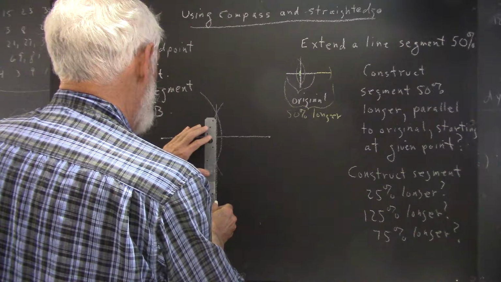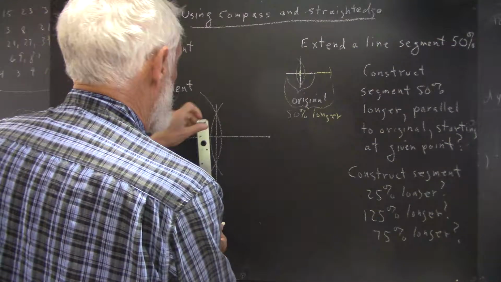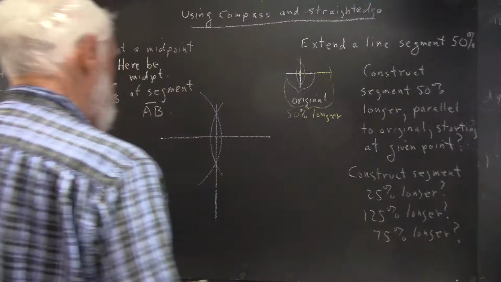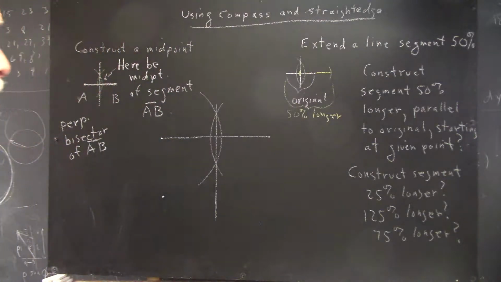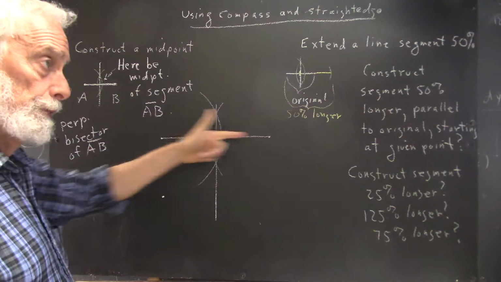And if you haven't figured out how I'm going to construct a segment that's parallel to this one, starting at this point and 50% longer than this one, let's just start with the question of how am I going to construct a line that's parallel to this one.